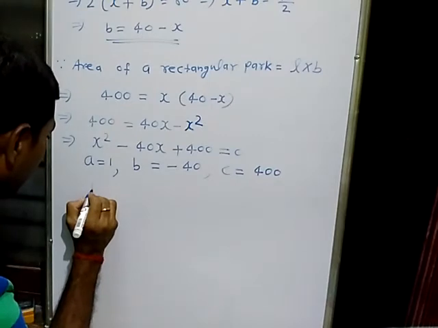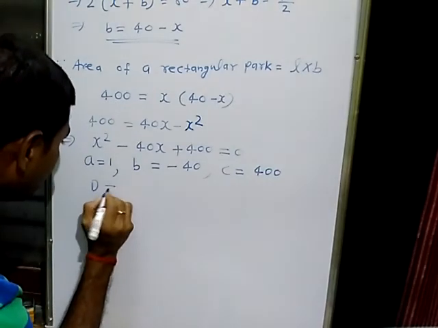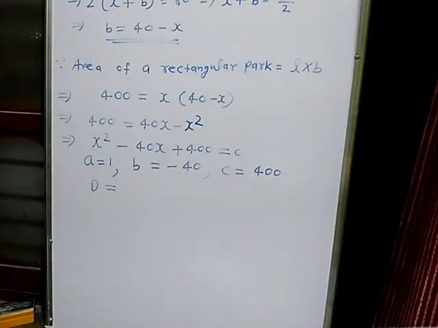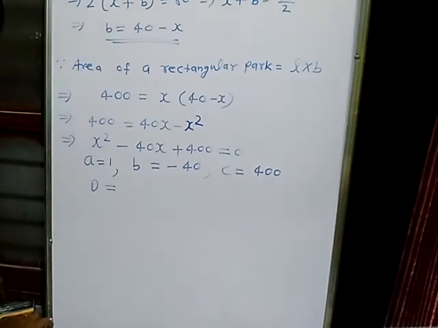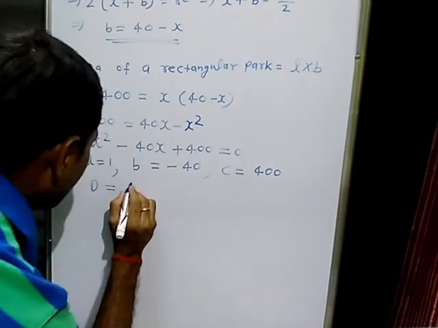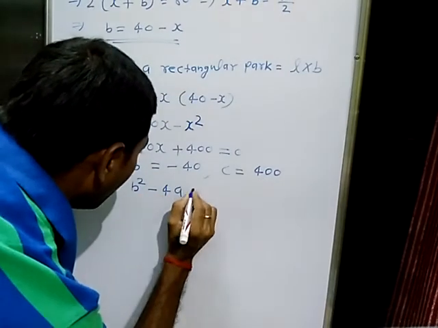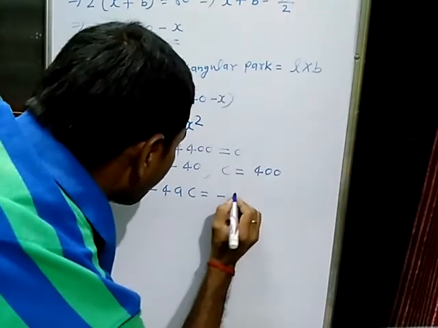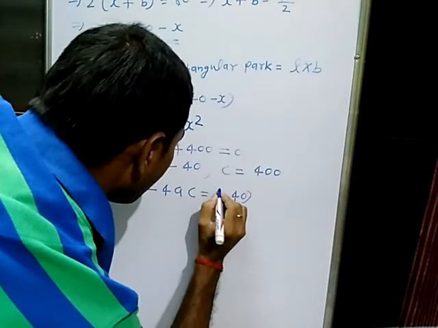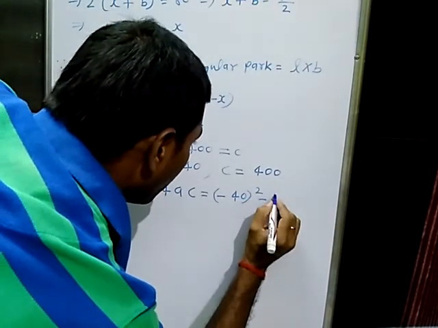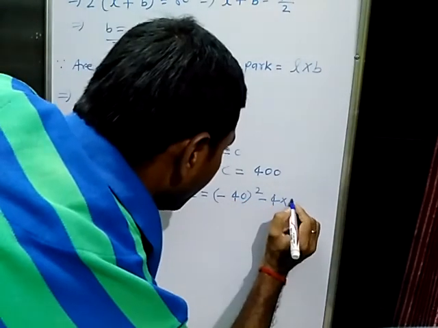To understand the nature of the roots, whether it is possible or not, we need to find out D. D is equal to b square minus 4ac. So put it in: b square minus 4a into c.